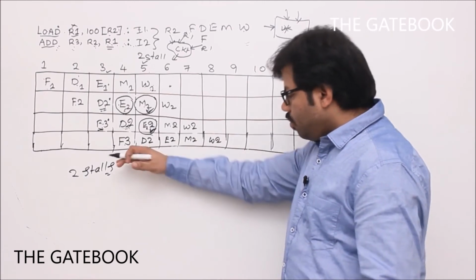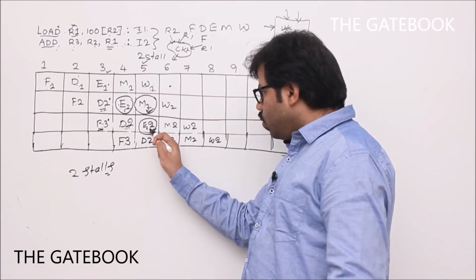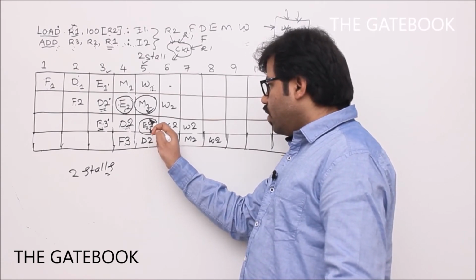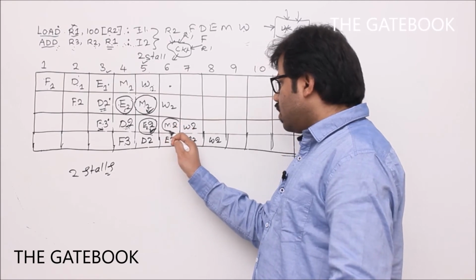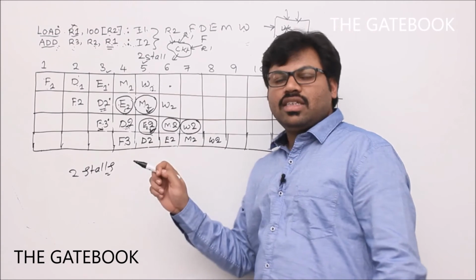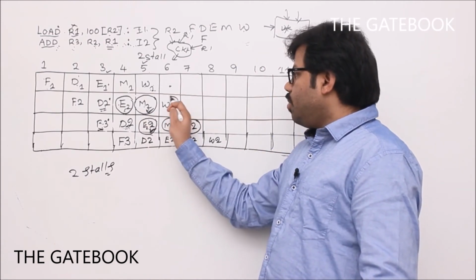Now let us focus. I am not writing the remaining things, but I would like to say one thing. Since this instruction 2 is doing dummy execution, here also it will be dummy memory operation and dummy write back, because all the signals it is carrying are dummy signals. Similarly here, this will be dummy.